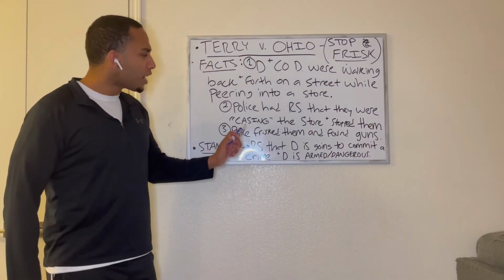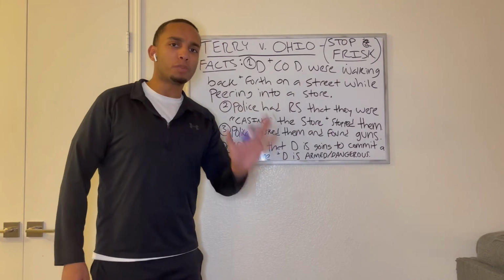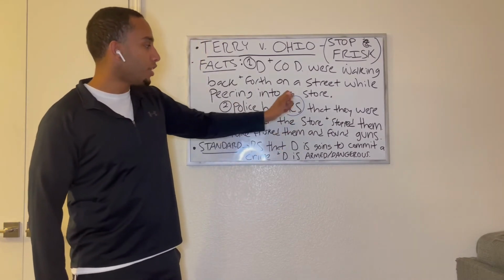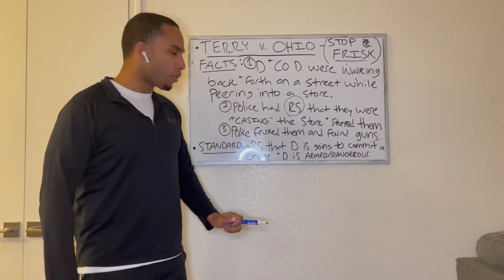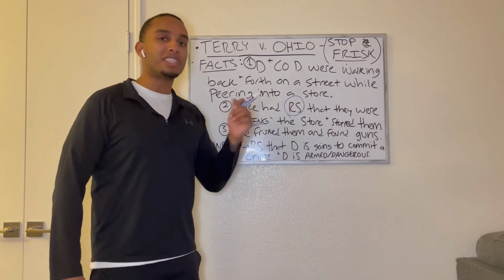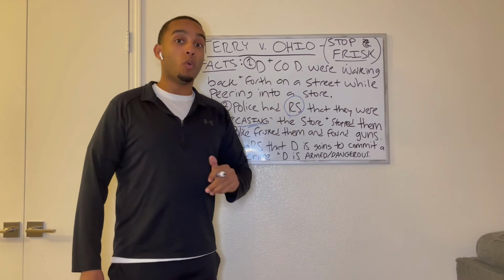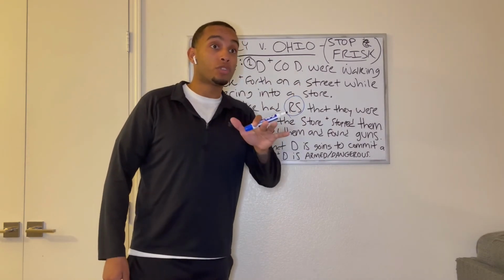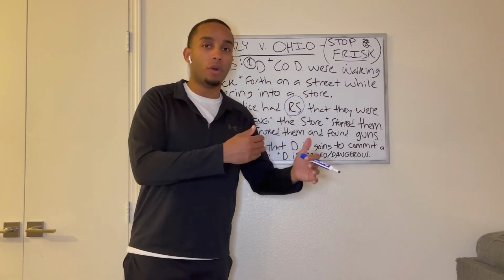Fact number 2, the police officer then had reasonable suspicion, I said RS here, reasonable suspicion that they were up to no good, that they were casing, this is basically slang for wanting to check out the store so they can see whether or not they can rob the store, okay?